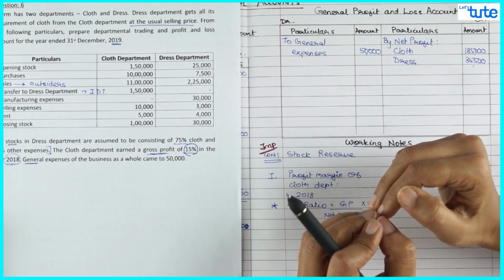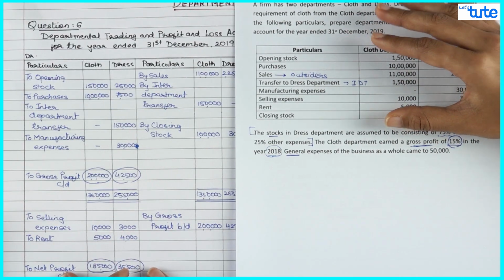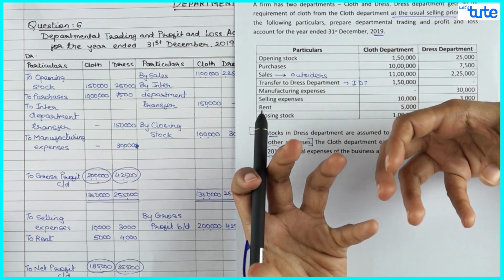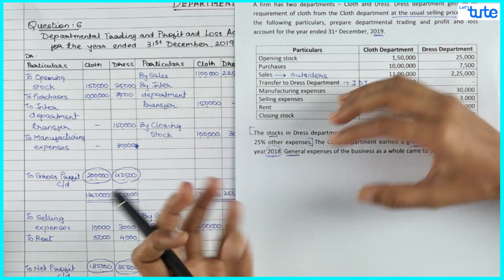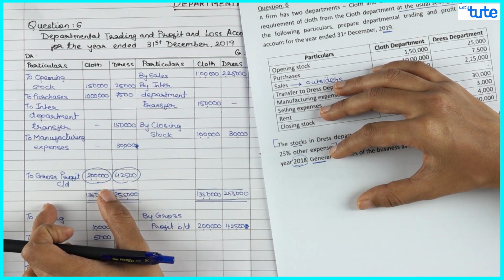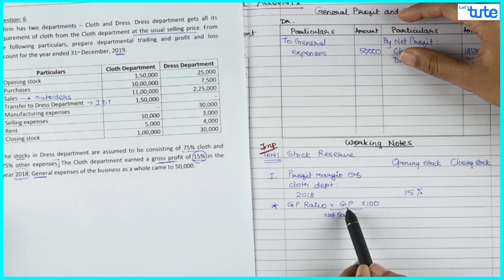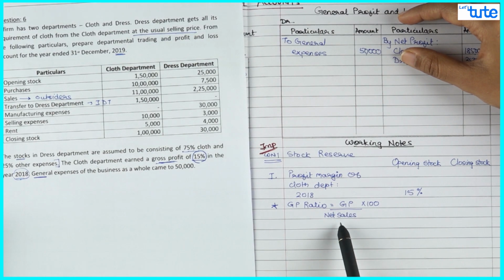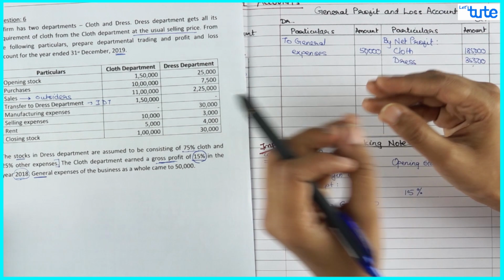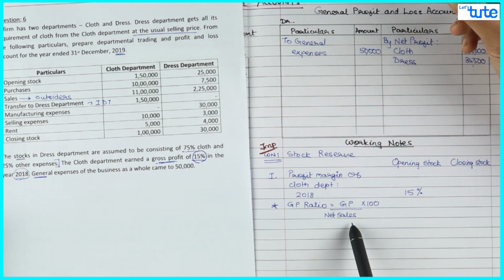Generally we always calculate GP ratio and we don't calculate net profit ratio here, because when we are talking about the trading thing, or the goods thing, we always see the gross margin of the business. So our gross margin over here is calculated by gross profit divided by net sales, because we earn this profit on sales, not on our cost. When you sell the goods, you earn profit. So that is why gross profit on sales.